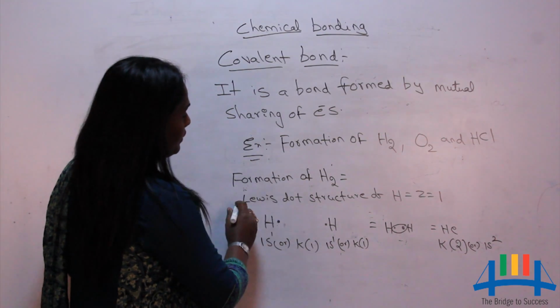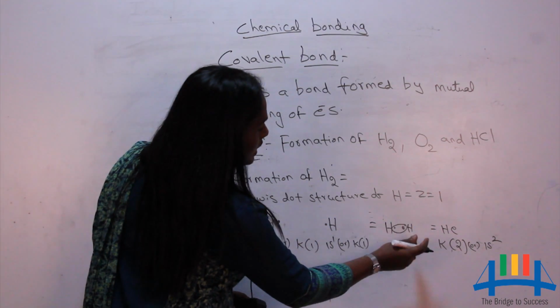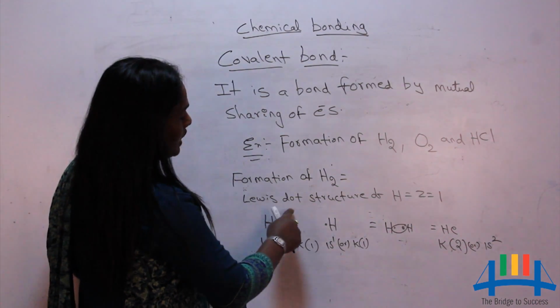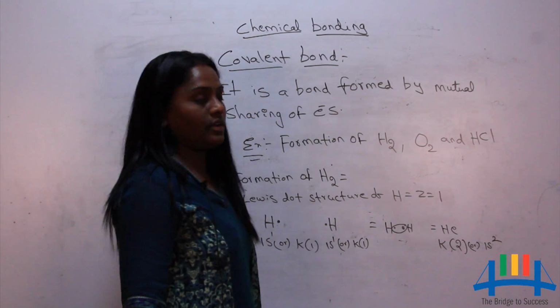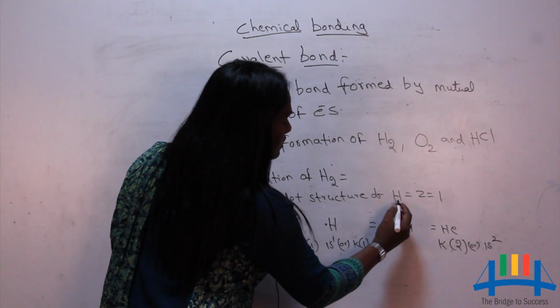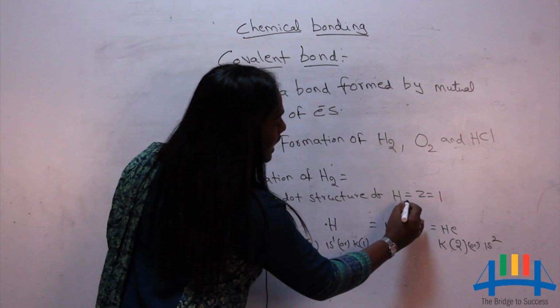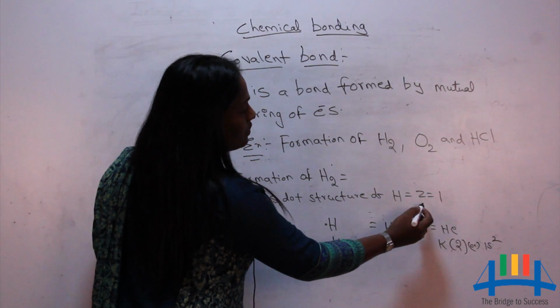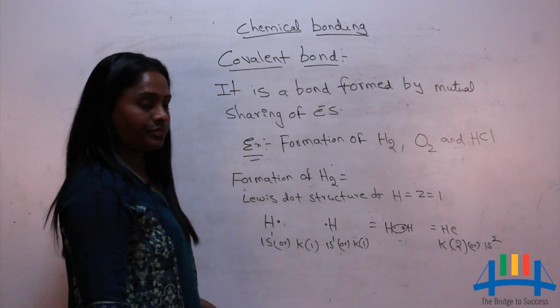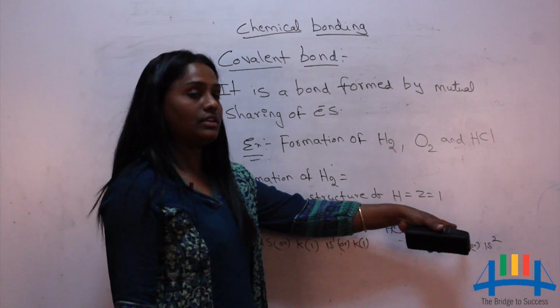Before writing the covalent bond, first we have to write the Lewis dot structure of hydrogen. Write H, and its atomic number is 1, that is Z is equal to 1.